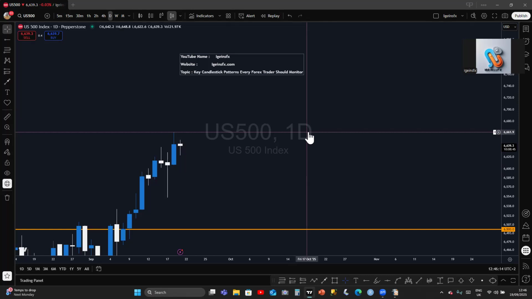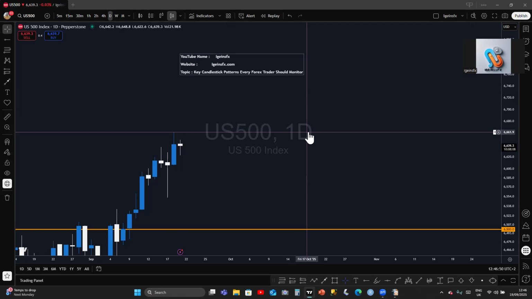All right? So it is very important and key for you to know some very important candlesticks as a trader. Once you see a particular candle printing, not anywhere in the market structure, but there are key levels that you need to watch out for all those types of candles.